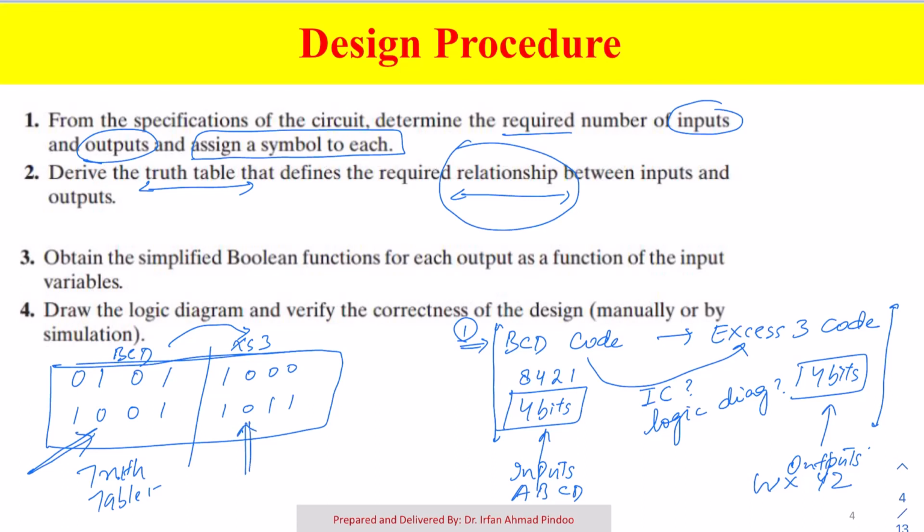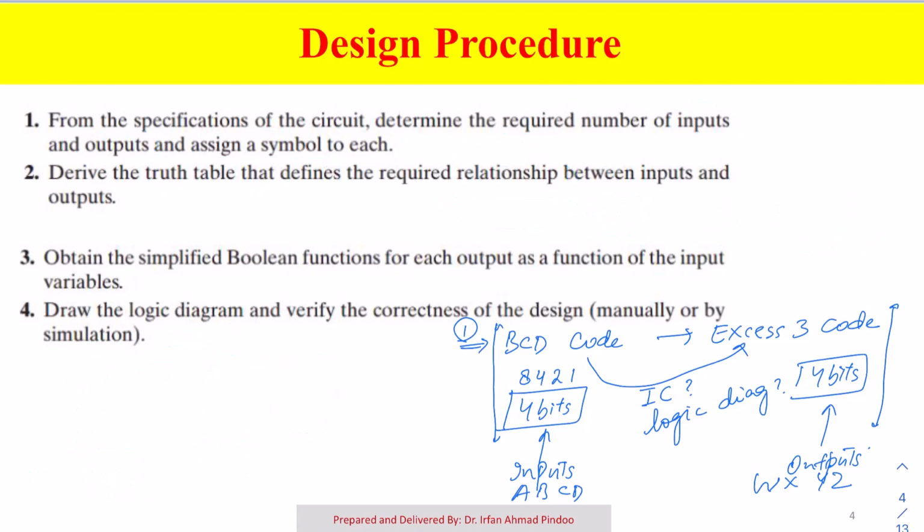And there's a relationship also. If you have n inputs, then we can have 2 to the power n input combinations in a truth table. So if we have 3 inputs, normally we will have 8 rows in the truth table. So this is the second step.